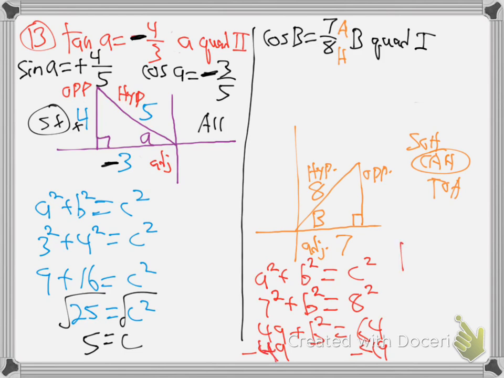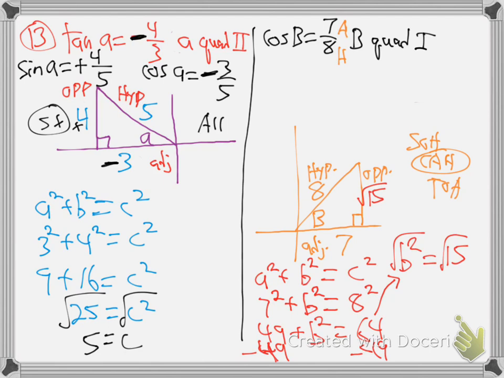And so we get b squared is 15, and then root of 15. So there's b, root of 15. And so now we have cosine already.